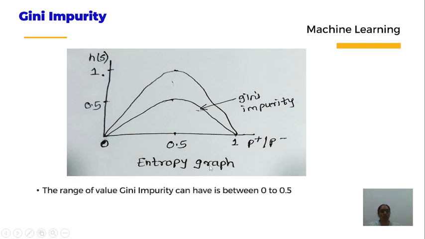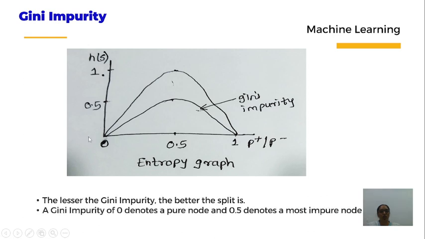So from this we can say that the range of the Gini impurity is between 0 and 0.5, and the lesser the Gini impurity, the better the split is. A Gini impurity of 0 denotes a pure node, and 0.5 denotes an impure node.